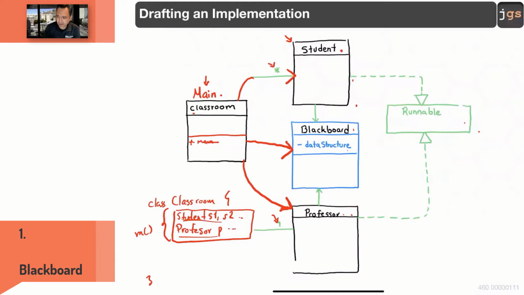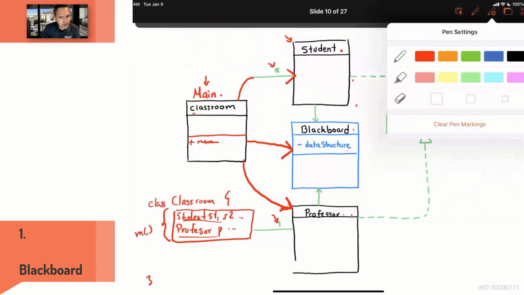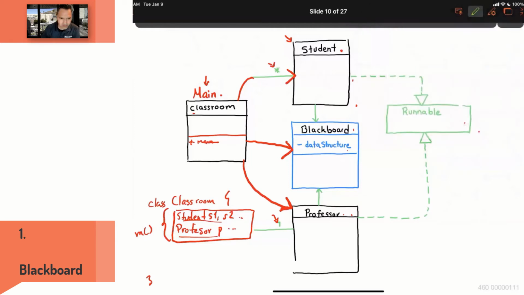Now, before doing that, is there any way in which I could remove one of these connections? In particular, what could I do if I would like to remove this connection here?